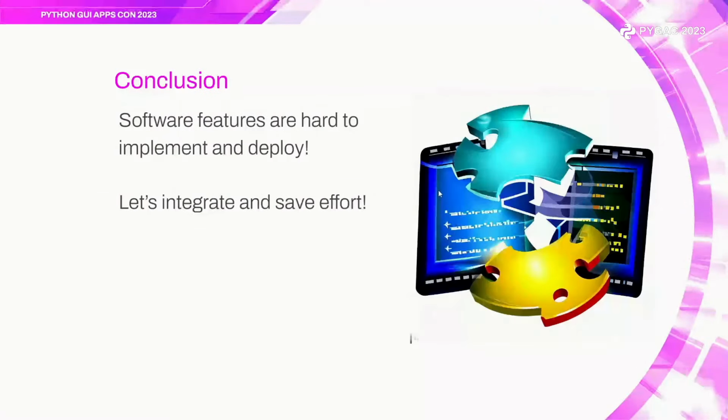For the conclusion, many features are very hard to implement and deploy, so don't stay suffering only with Python. And if Python is struggling to deploy your desktop application, don't consider leaving Python behind either.